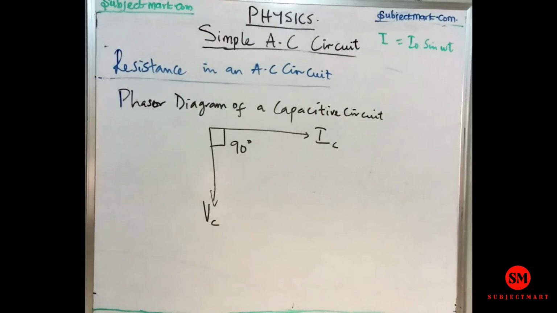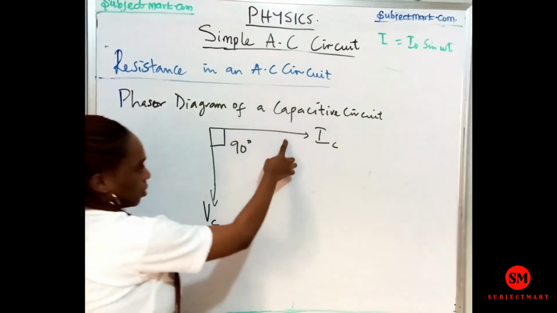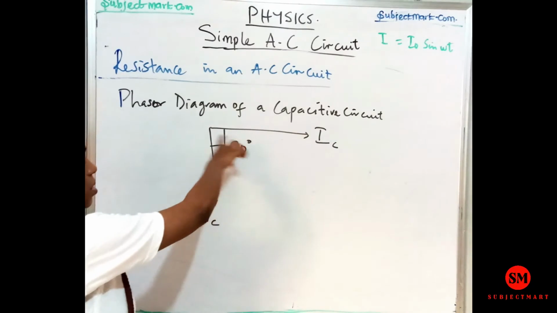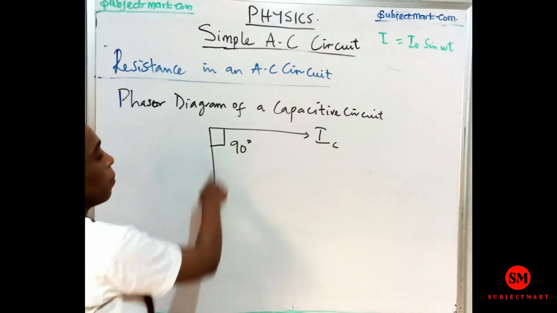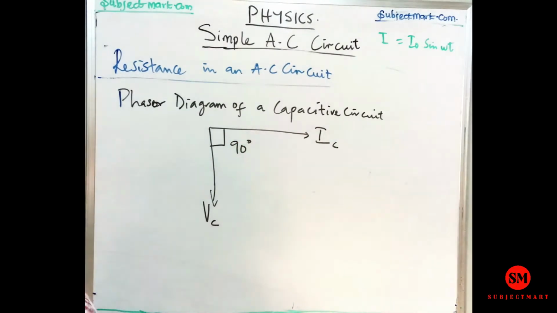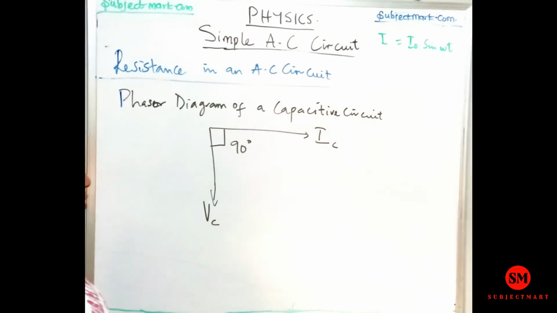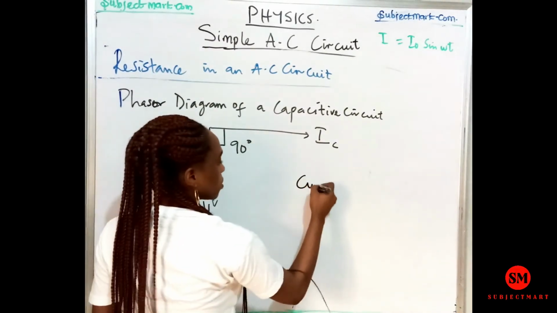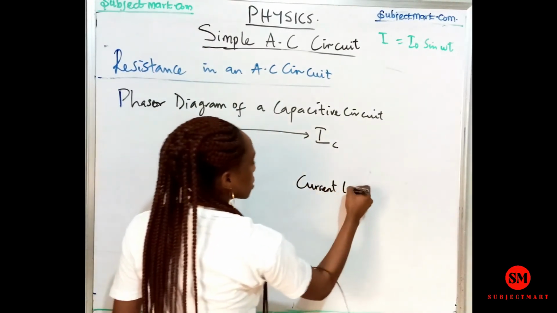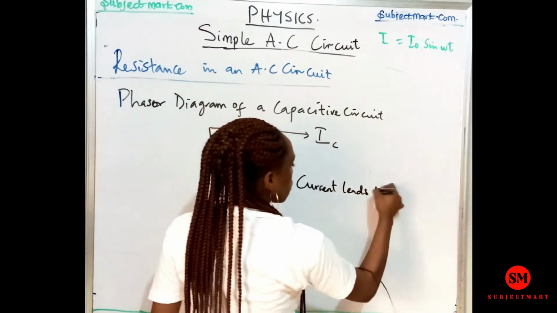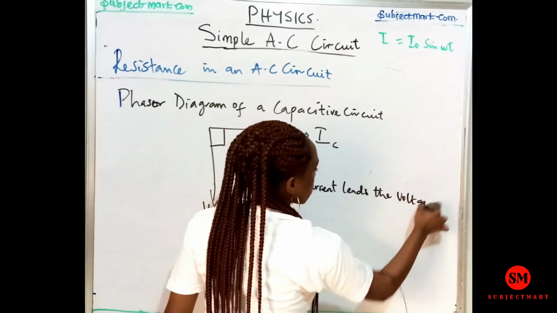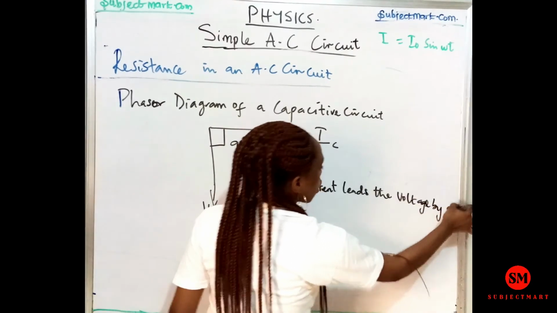So here is the phasor diagram of a capacitive circuit. As you can see, the current leads the voltage by 90 degrees.